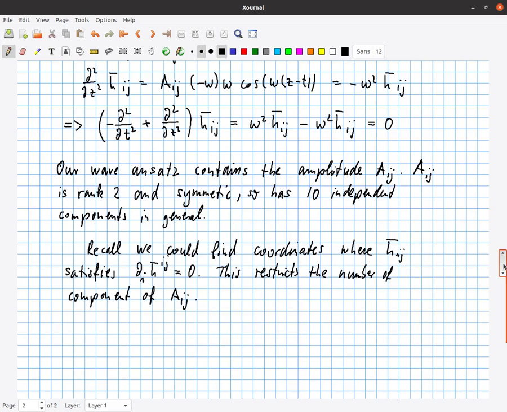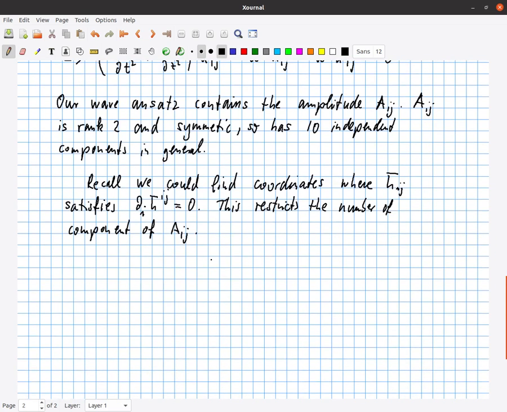Let's have a closer look at this. Let us briefly consider a more general wave ansatz. In principle, we could have started with this more general ansatz, but I like to keep the discussion slightly easier in this respect.